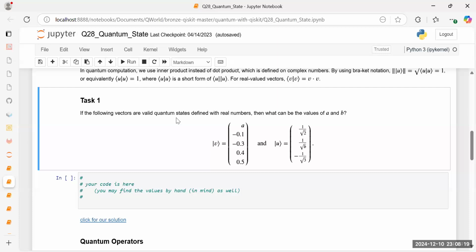But what's the value of B that will make this a valid quantum state? Okay, most people are going with 6.